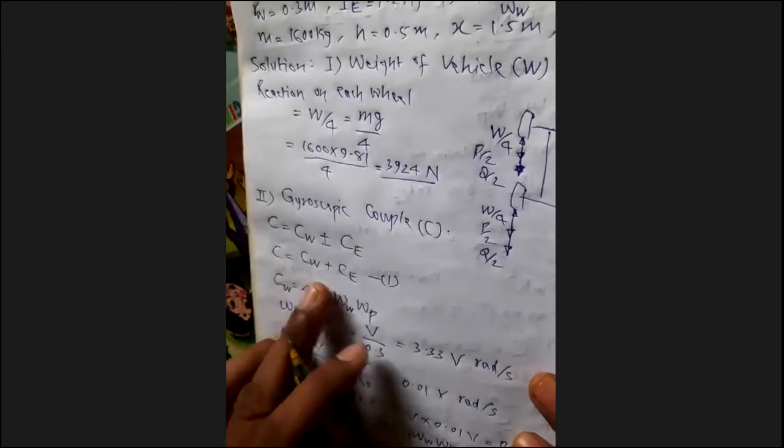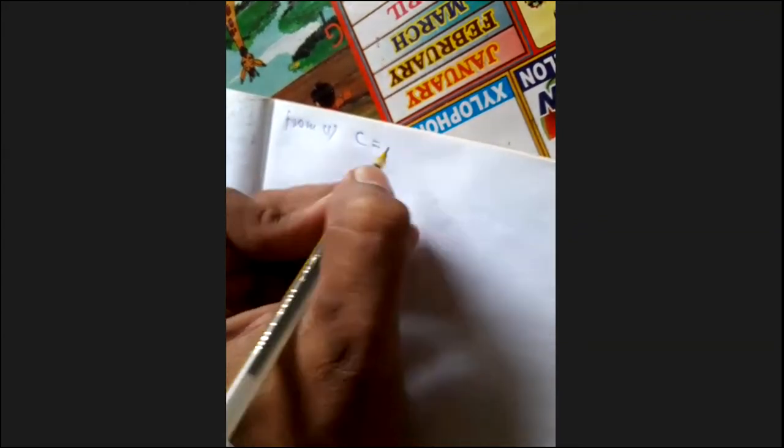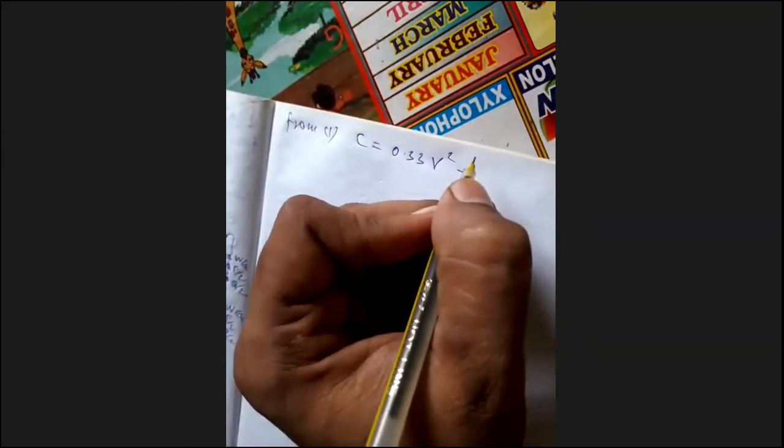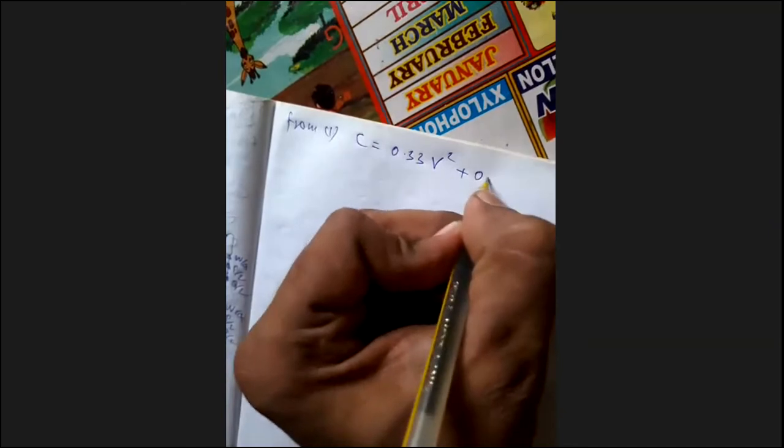Okay. Now from 1, as we know the expression for CW and CE, I can find the total gyroscopic couple. Therefore, I write from 1, C is 0.33 V square plus 0.12 V square.